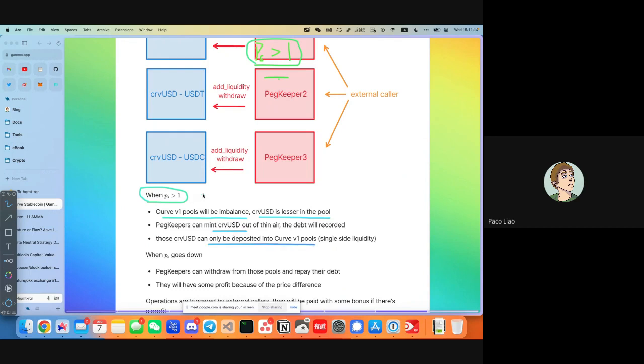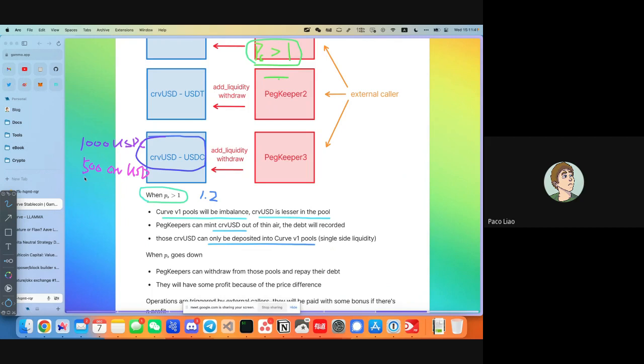So let's say the Curve USD price is currently at 1.2, and in this pool the reserve ratio is imbalanced. Maybe there are 1,000 USDC, and there are only 500 Curve USD.